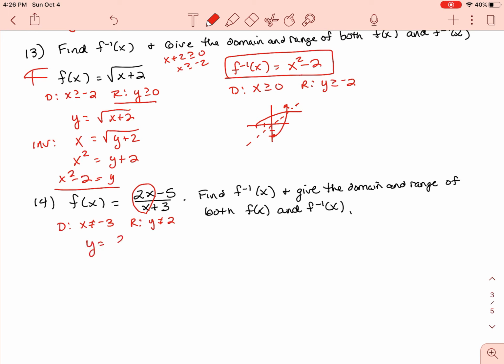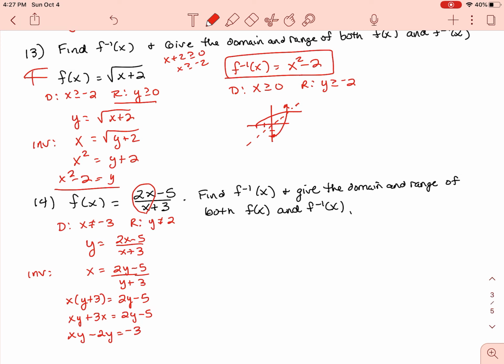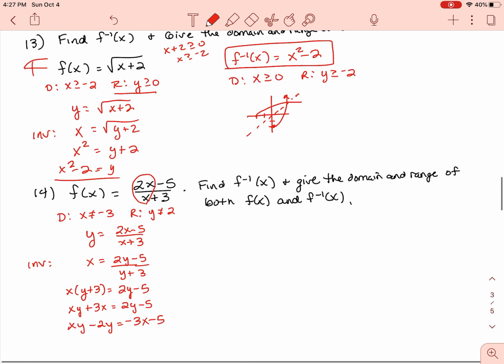So we've got y equals 2x minus 5 over x plus 3. The inverse is going to be x equals 2y minus 5 over y plus 3. X times y plus 3 equals 2y minus 5. xy plus 3x equals 2y minus 5. xy minus 2y equals negative 3x minus 5.